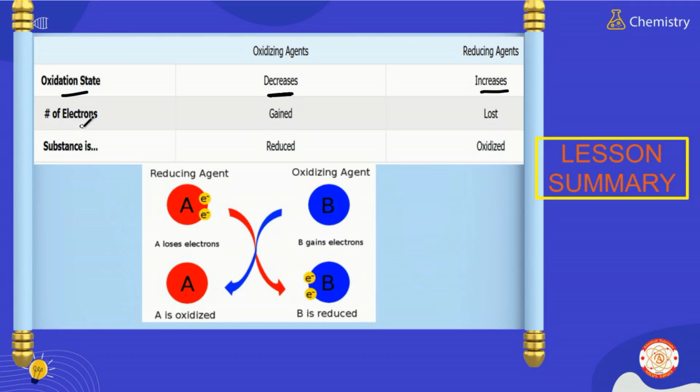In terms of number of electrons, oxidizing agents gain electrons, whereas reducing agents lose electrons. In oxidizing agents, the substance is being reduced, whereas in reducing agents, the substance itself is oxidized. But it helps the other substance to get what? Reduced.